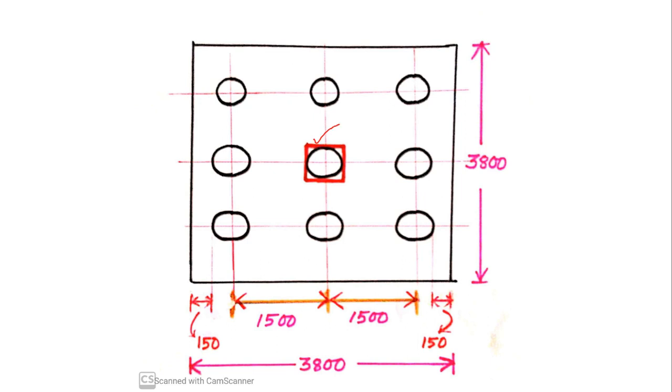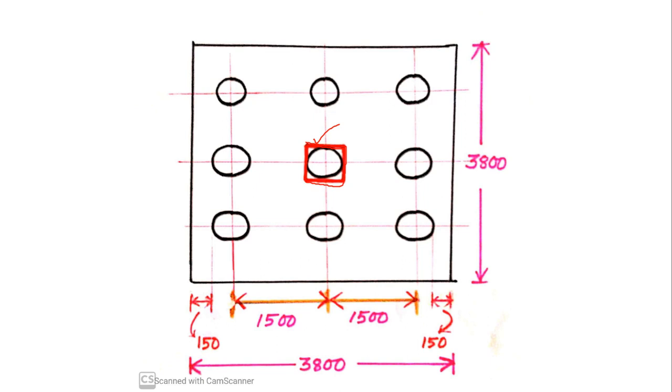Now interestingly the size of the column is 500 by 500 millimeter and the diameter of the pile is also 500 millimeter. So the column exactly coincides with the pile, but this may not be the case in every problem. Sometimes the column may be larger than the pile. So you need to act accordingly.